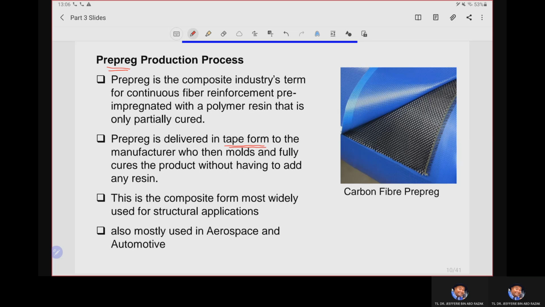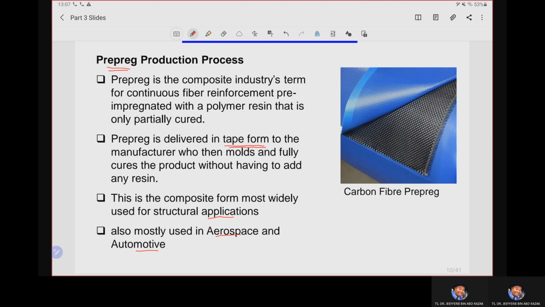So this is a good option for clean manufacturing in comparison to open mold methods like hand layup and spray methods, because those methods are really labor intensive and also quite a dirty process. Prepreg is most commonly used for structural applications, like aerospace and automotive.